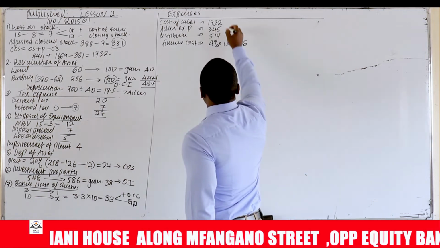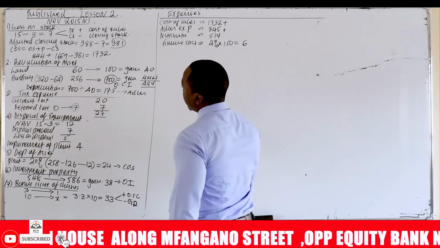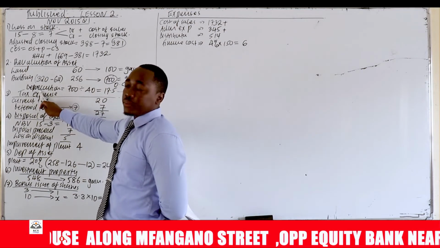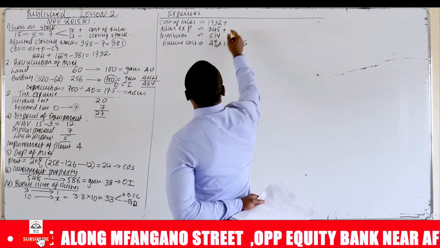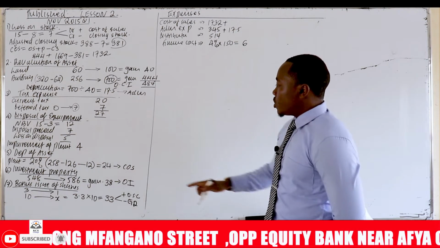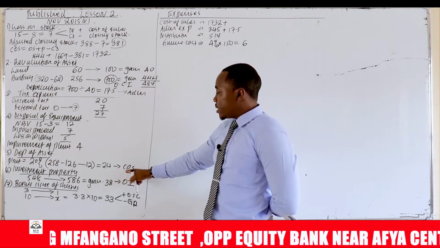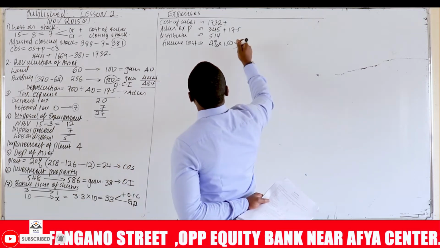Then you add, it's only 2 items which were affected. Here, there was depreciation on building, of which we are told that you classify them under admin expenses, 17.5. Also, there was depreciation of plant and equipment, cost of sale, an amount of 24.